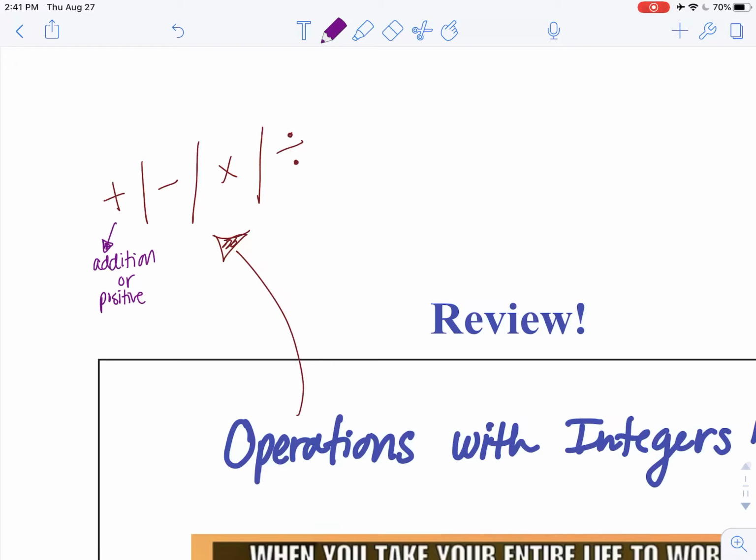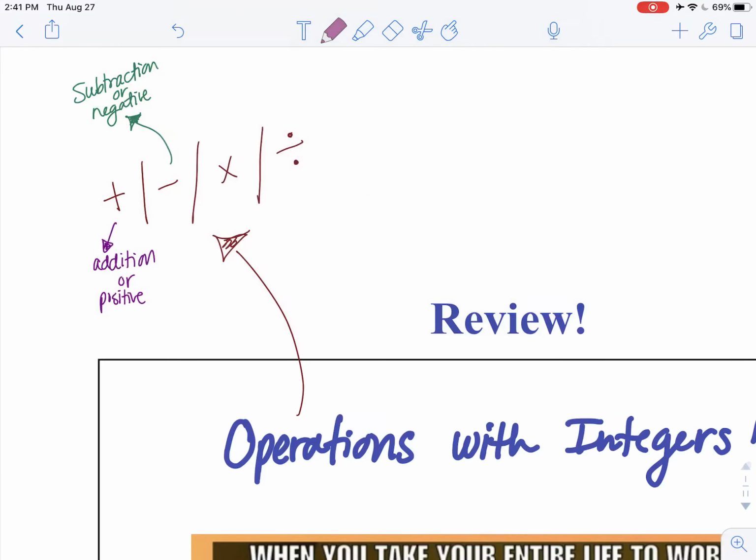That stock has gone up by 2.3%. So it's gone up, it's increased, it's positive, it's addition. We also have the subtraction sign, which is the same as negative. In the stock market, when something is at negative 0.5%, that means it's gone down. It has decreased. You've subtracted the value.